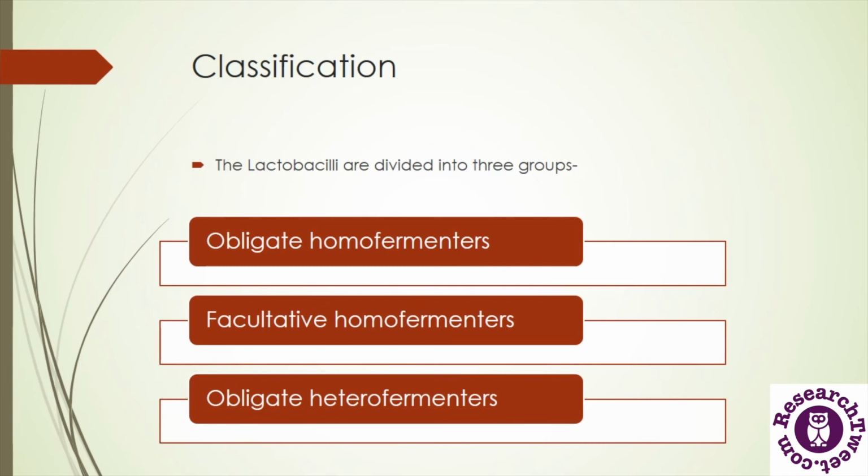And the third type of Lactobacilli, the obligate heterofermenters, convert the hexose sugar into lactic acid, carbon dioxide and acetic acid. But they have a special ability also to convert the pentose sugar into lactic acid and acetic acid. So these are the classifications of Lactobacilli bacteria.